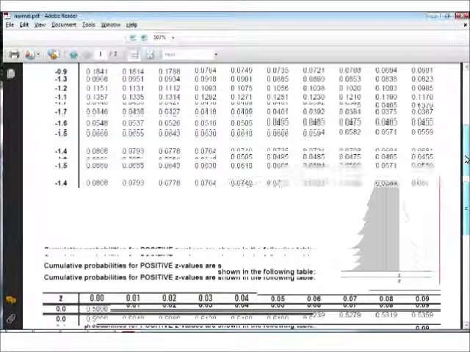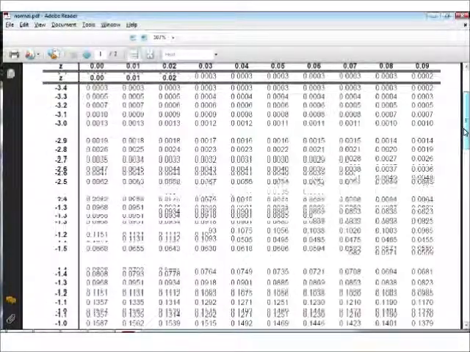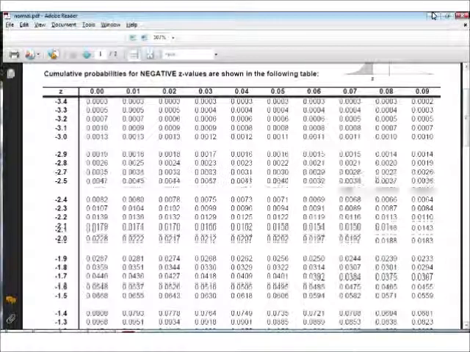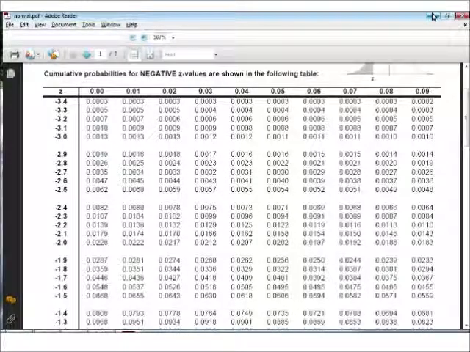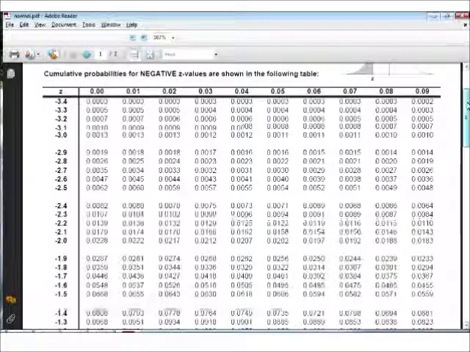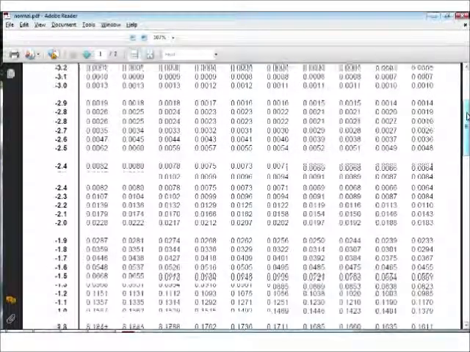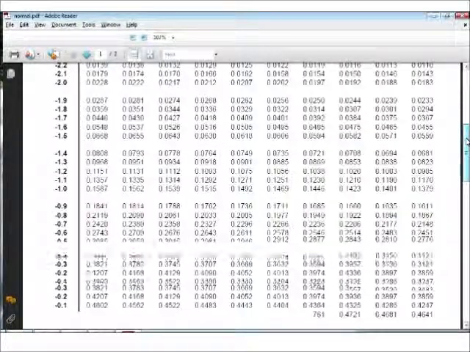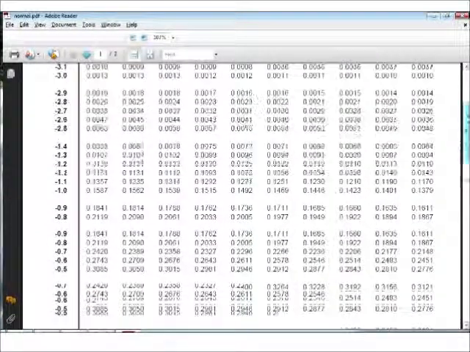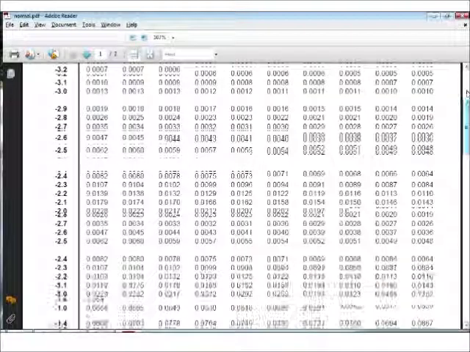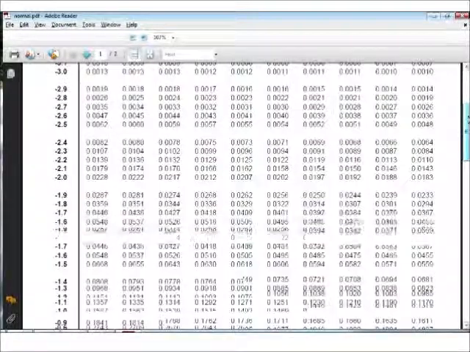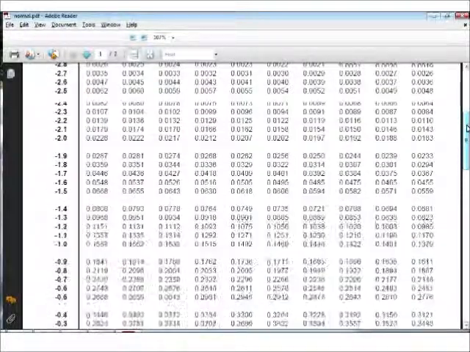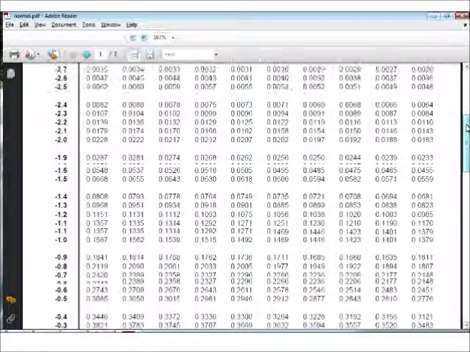So the value that we computed here is minus 2 point something, and then our confidence level is 90%, which means we are 90% confident about our data. So from the remaining, we'll select a z value based on that probability.